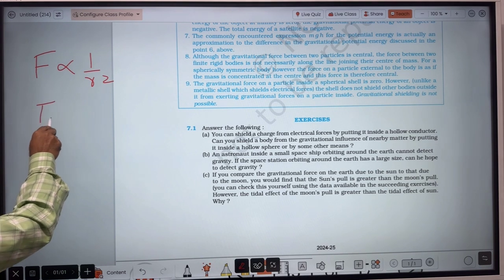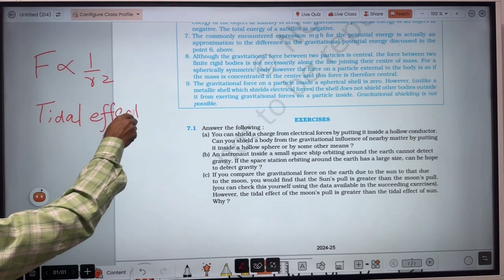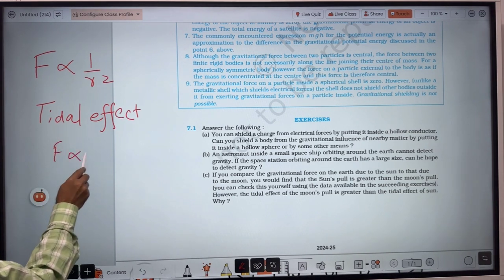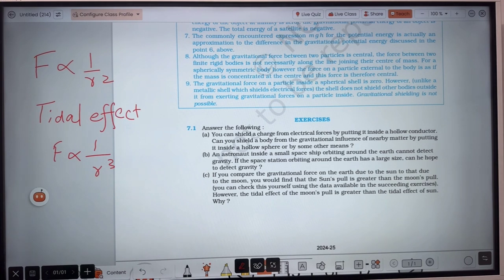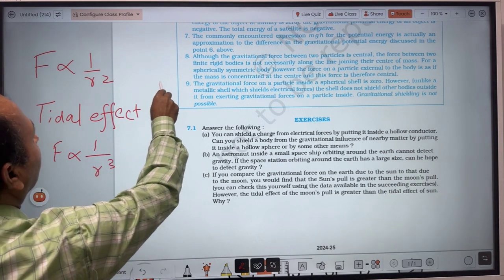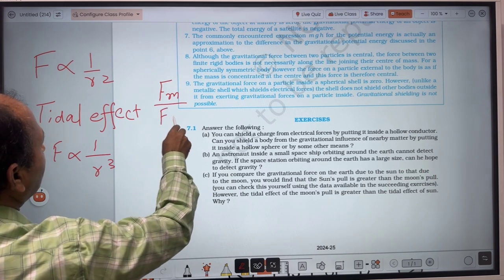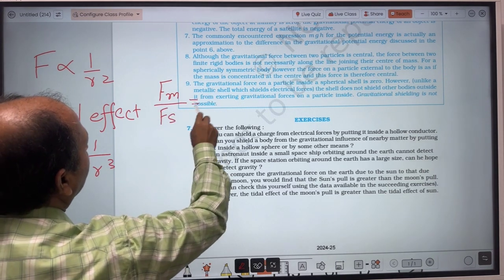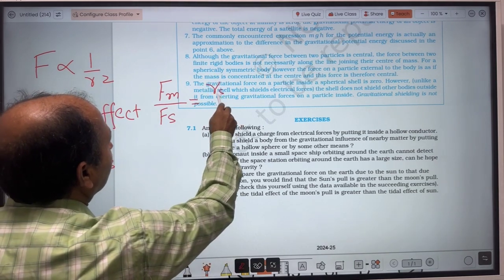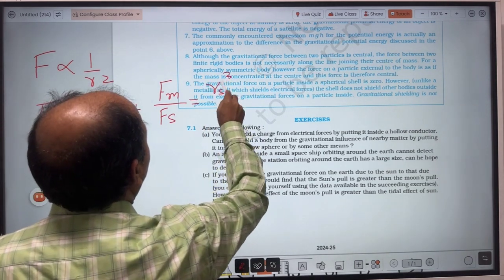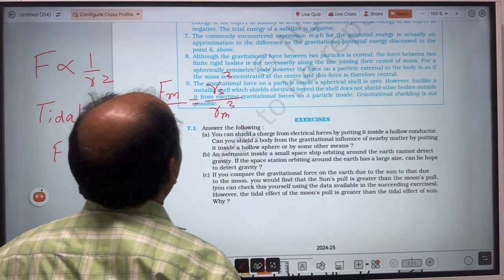But as far as tidal effect is concerned, tidal effect depends on the third power, R cube, right? So if we compare the tidal effect due to Moon divided by that due to Sun, we will get R Sun whole cube divided by R Moon whole cube.